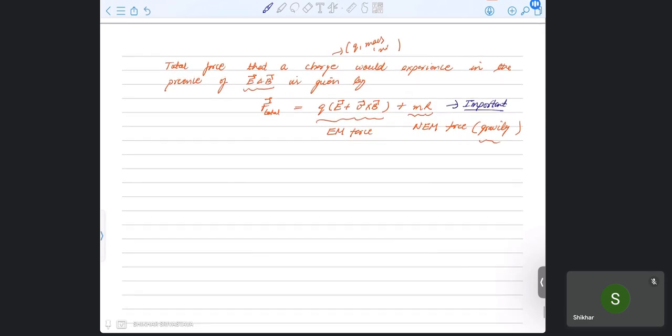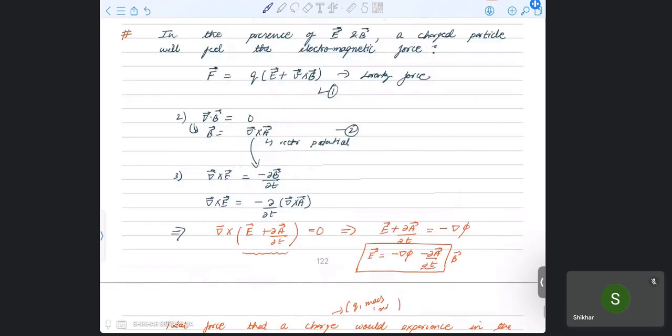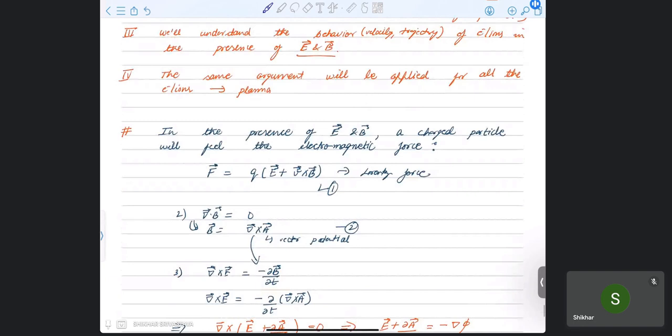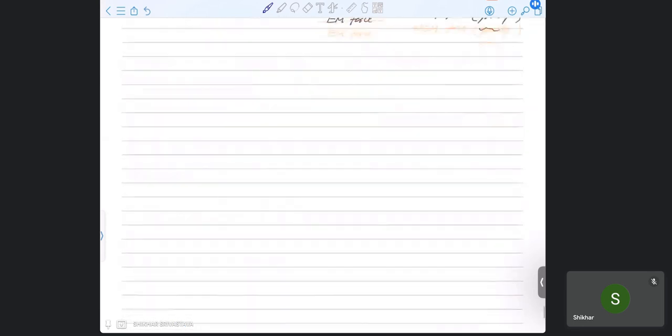Now we understand that if you take a charged particle present inside the ionosphere or solar wind and put it in an electric and magnetic field, it will face a Lorentz force. Now we'll do specific cases.